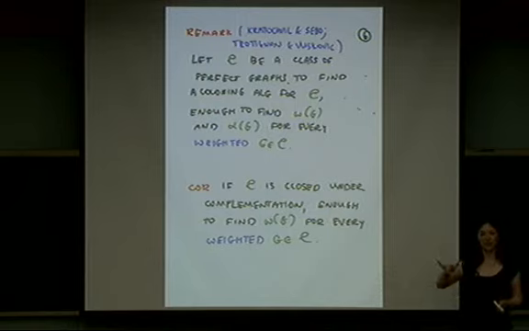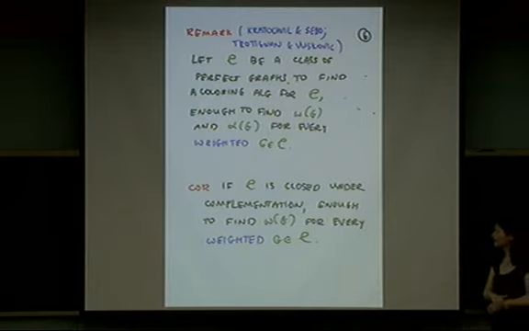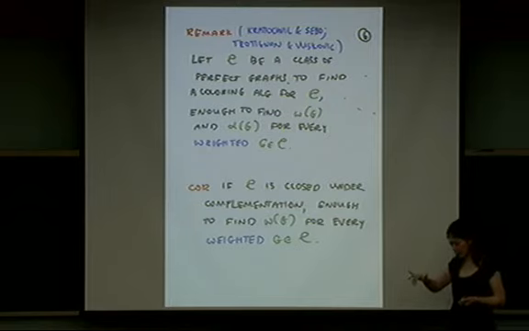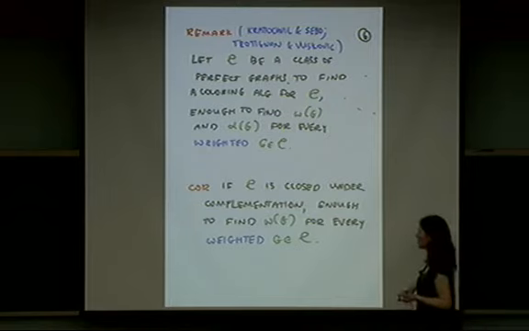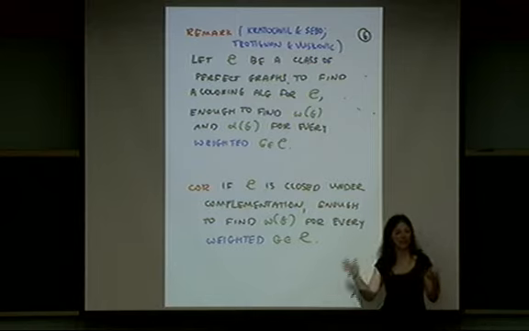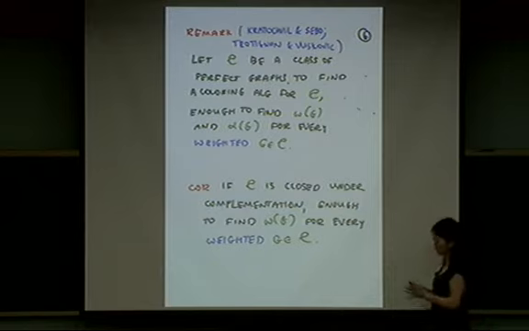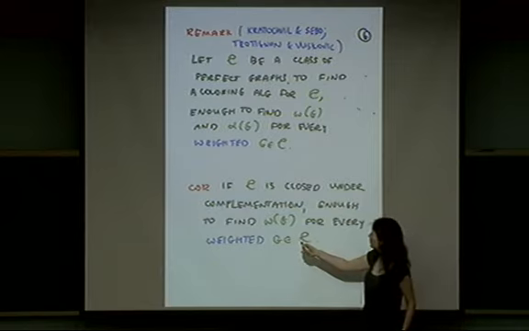A stable set is the complement of a clique. It's a set of vertices where no two are adjacent. If I give you a class of perfect graphs and I want to be able to color every graph in this class, it's enough to be able to find the clique number and the stability number of every graph in this class. The stability number is the size of the biggest stable set. Now, what I said is almost true, as you can see here.